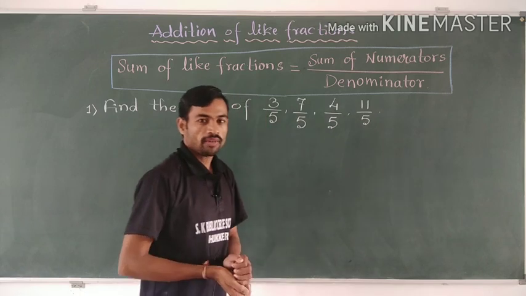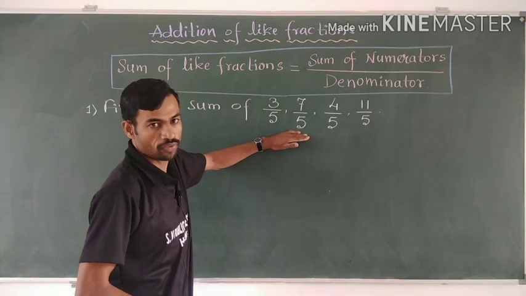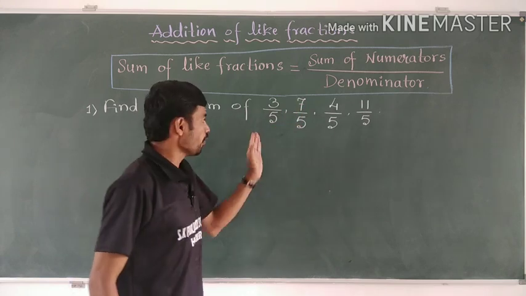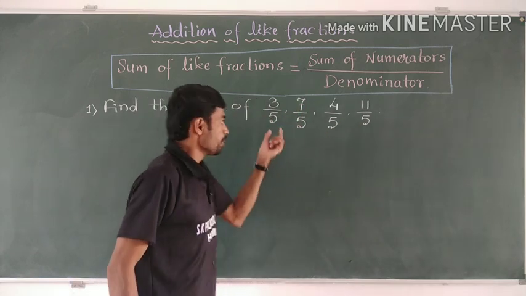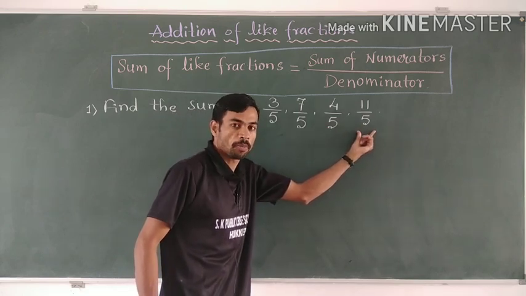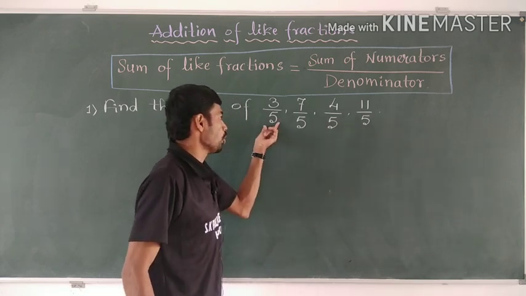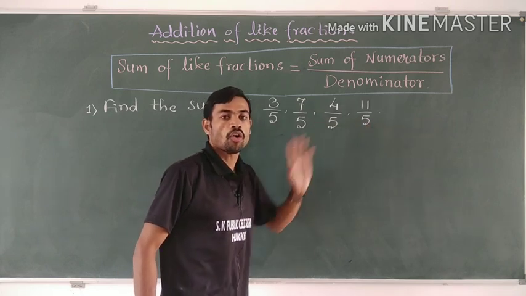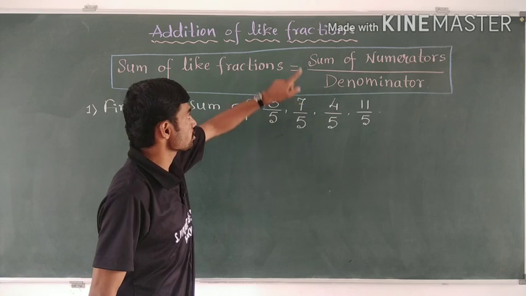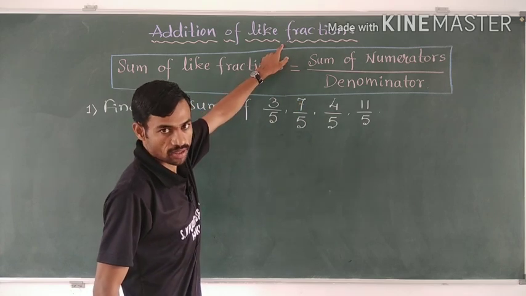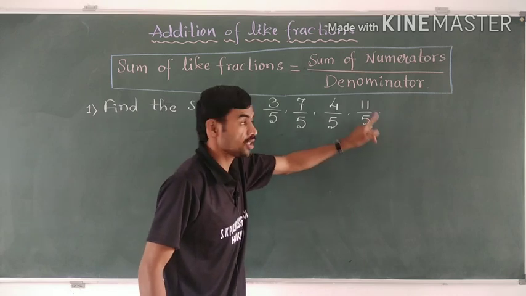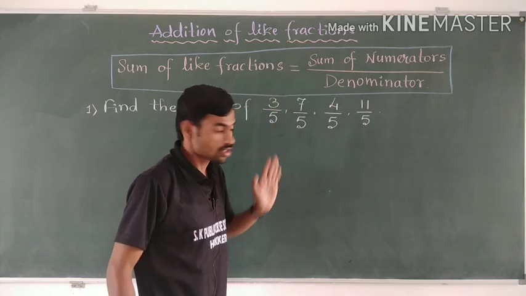Whatever fractions they have given, all are like fractions. Why? Because all the fractions have the same denominator, 5. The fractions which have the same denominators are like fractions.